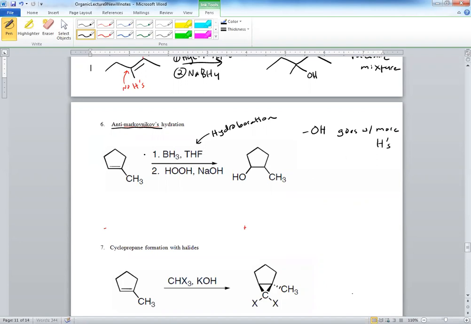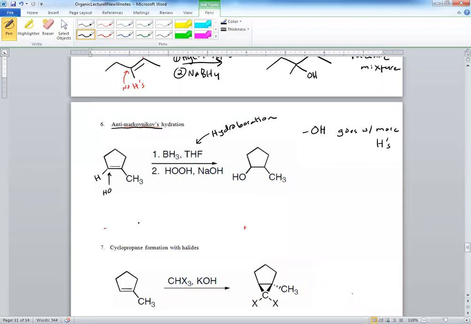You know what I mean. So if you look here, there's an H there. Since it's anti-Markovnikov, that's where you add your OH. So make sure you remember Markovnikov's rule, and if you know it, you know anti is the opposite. So therefore, here's the product.